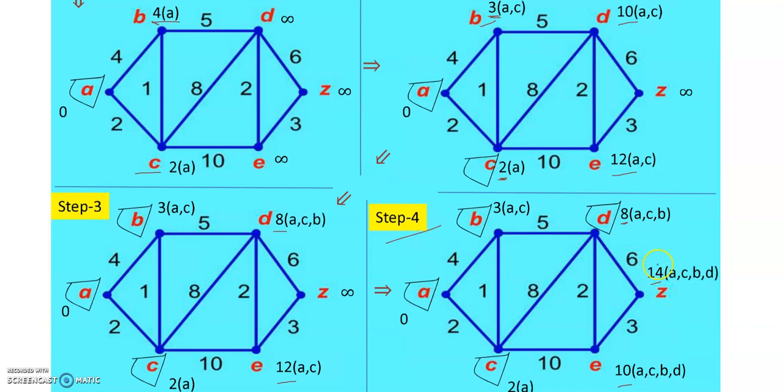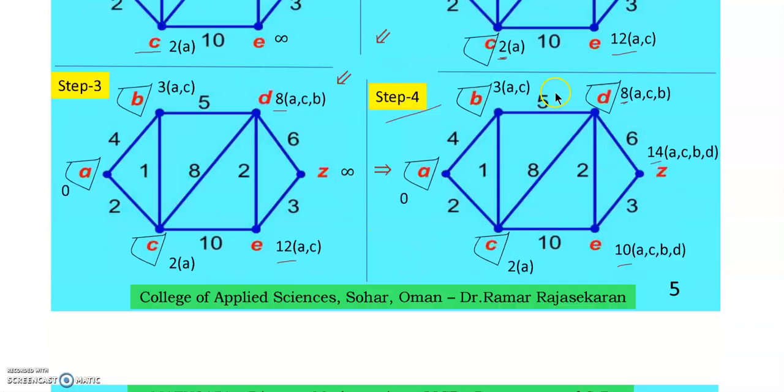Now this is step 4. Now you see here, we fixed the minimum for D, the shortest path to reach the vertex D with minimum distance 8. After fixing this, for E I am getting 10. In the previous step I got 12. So now which is minimum? 10 is minimum.